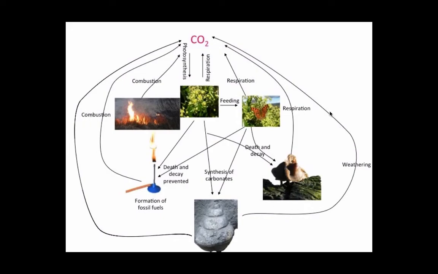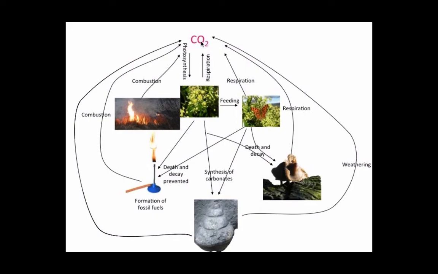And of course weathering: when you see things like statues or even buildings weathering, the carbon dioxide is being released back into the atmosphere, particularly when we have acid rain falling on our carbonate rocks. And of course we've got the formation of fossil fuels, and we're burning them as well.